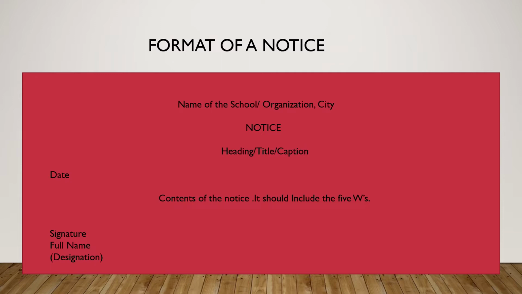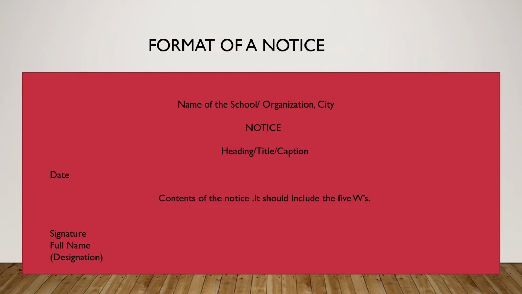Then we leave a line and write the word notice in capital letters and underline it if possible. Then leave a line and write the heading, title or caption. That means we have to have a short caption or title which tells us what the notice is about. All these three will come in the middle of the page.